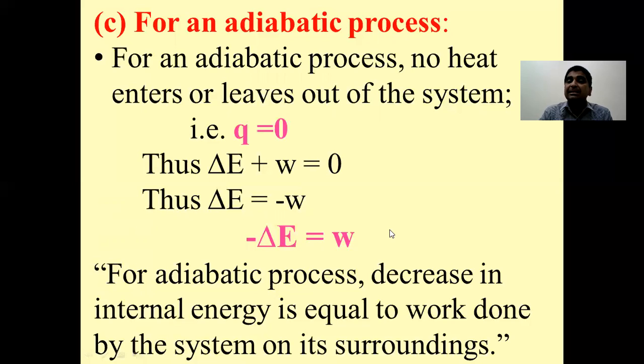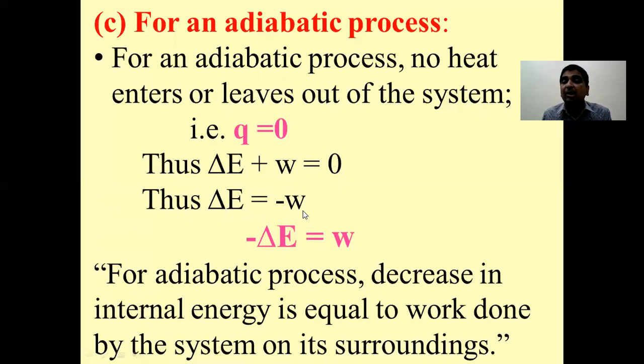No heat can enter into or leave out of the system, and therefore for adiabatic process this term Q is equal to 0. And therefore, according to the first law of thermodynamics, that is Q is equal to delta E plus W, I write here delta E plus W is going to be 0. That is delta E is equal to minus W.